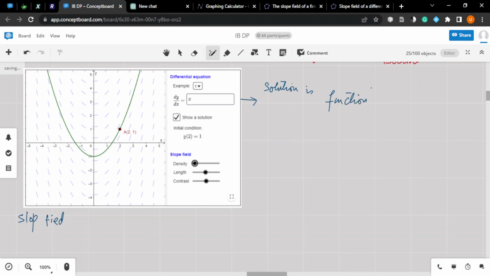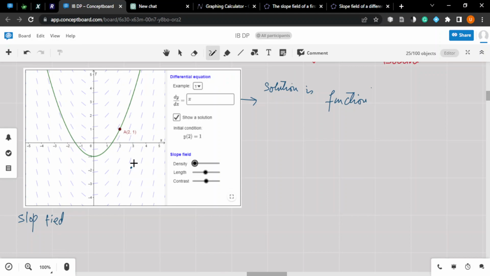right? And if we know the initial condition, for example over here the initial condition x is equal to 2 and y is equal to 1, we can substitute that point over here, and based on that we can draw a curve. If we have some other initial condition, for example 3 and minus 2, in that case our graph would be slightly different.